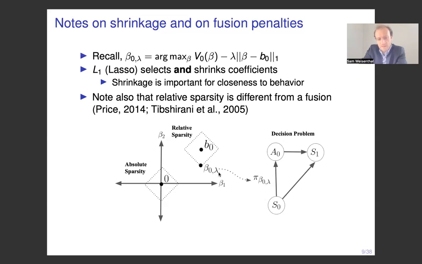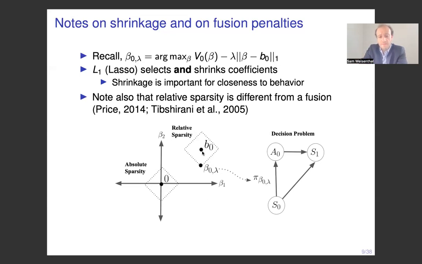Why we would do this is very closely related to the decision problem. Note that we are fusing beta to B here. So there is a fusion occurring there, but we're not fusing B to beta. In a typical fusion, both of the parameters would be jointly fused together. But here we're just recentering. We're not doing a joint fusion like that.